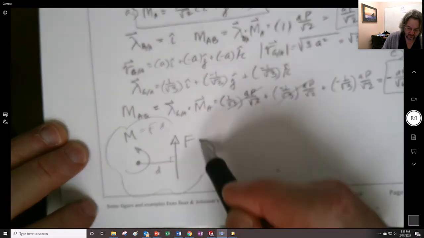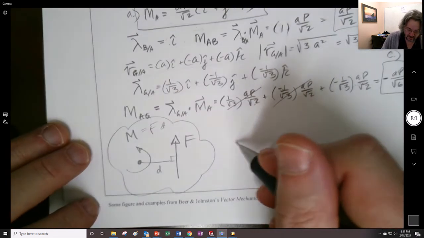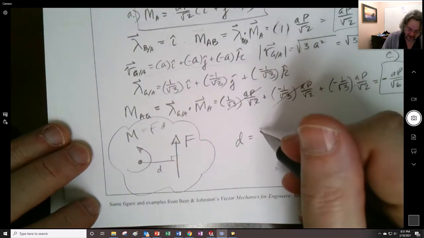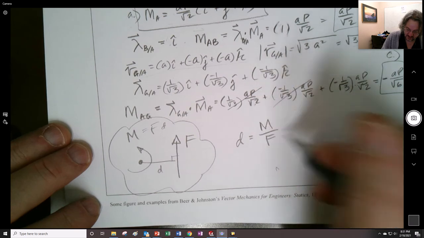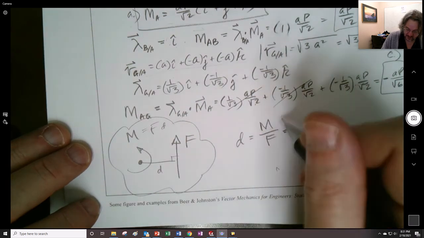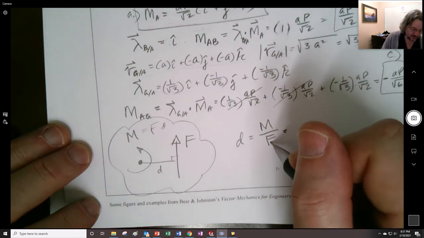So if you want the perpendicular distance, take the moment and divide it by the force magnitude. So we have a magnitude and a magnitude right here.